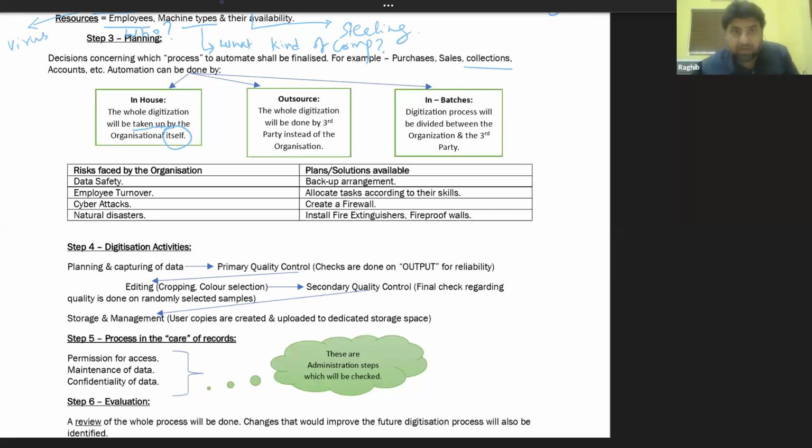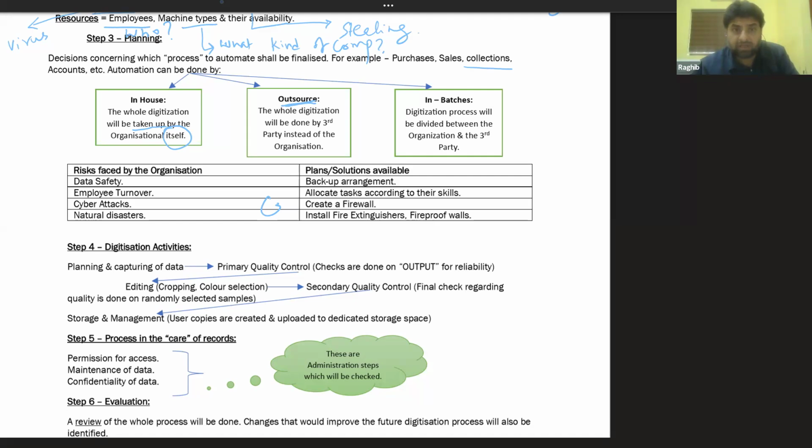Now, the second type of activity can be done by outsourcing. Okay, outsource. Here, you do not have time to do it. So what you have done, you have contacted a third party, that means outside. And you have told them that these are the documents, they need to change them from manual into digital and then give it back to us.